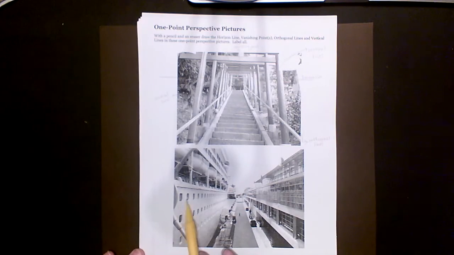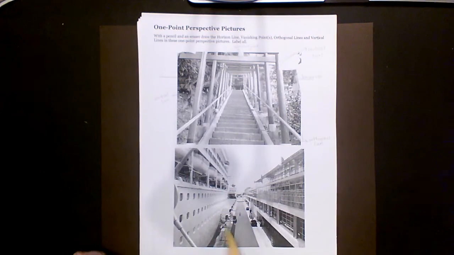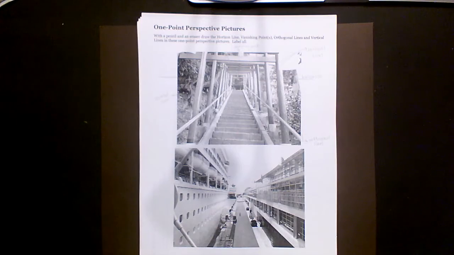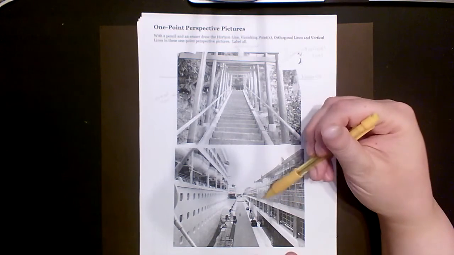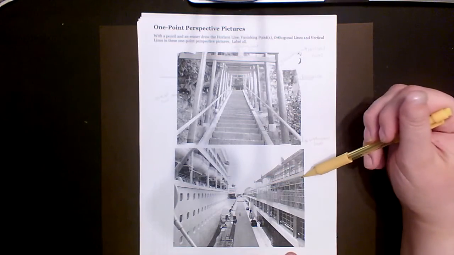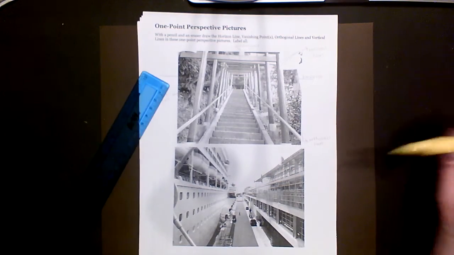So if I look at these windows over here, they create an implied line. So I could follow along the tops of them of any one of these, or the bottoms of the windows. And then over here we have like these lines that we can follow as well. Now you only have to really follow one.